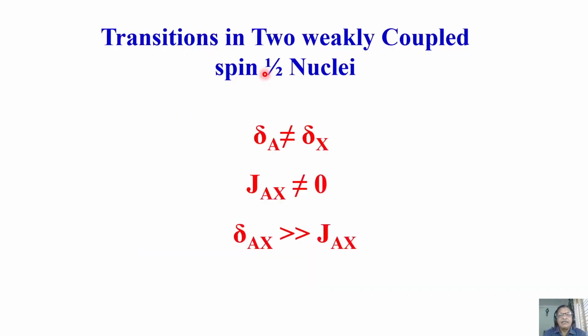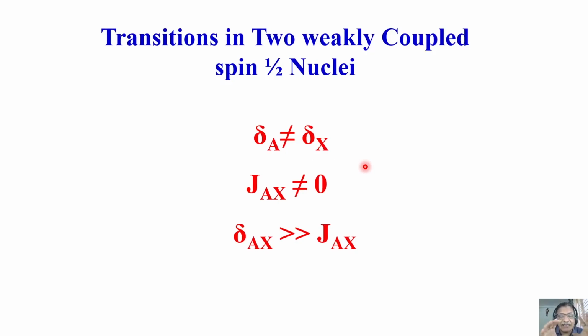This is the case of two spin half nuclei where the chemical shifts are not the same. That means they are not equivalent spins, not equivalent nuclei. Another condition I have put is that JAX is not equal to 0. There exists a substantial amount of interaction between these two spins.